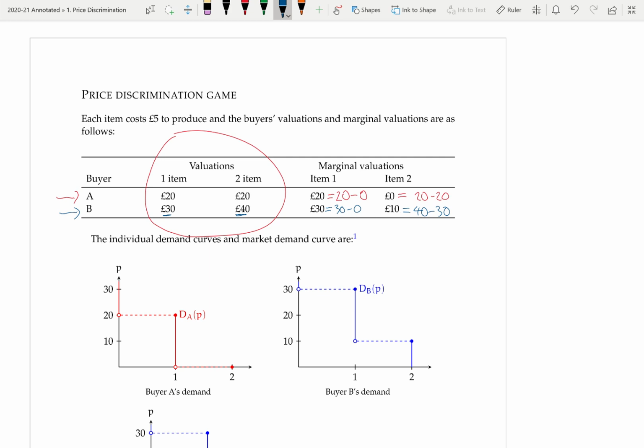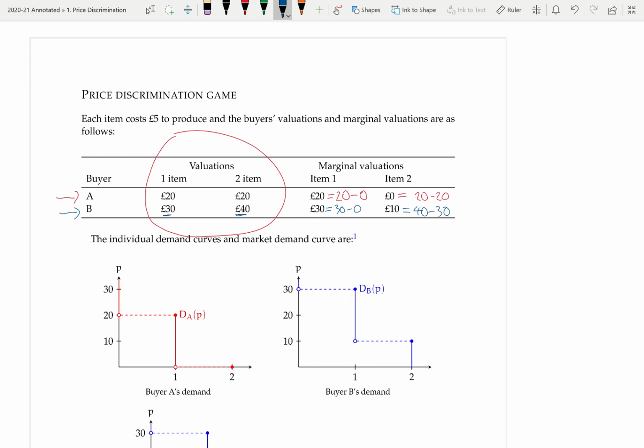That's because if the price were below 10, then buyer B would actually want to buy two items. The price being less than the marginal valuation means that by consuming that second item, buyer B would increase their consumer surplus. The increase in their willingness to pay would be more than the increase in their expenditure. When the price is between 10 and 30, buyer B will buy one unit.